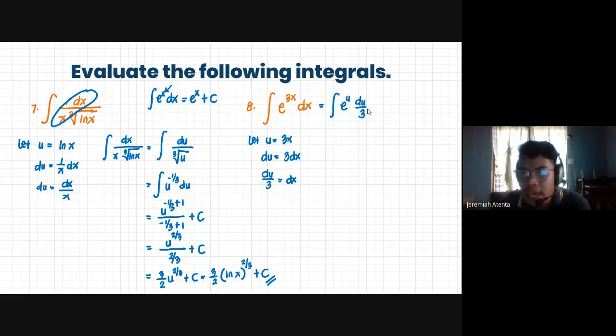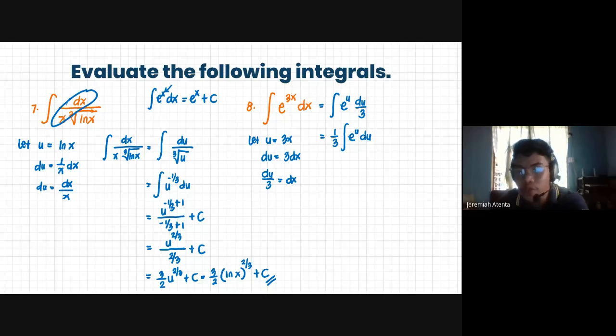Okay? And from that, we will now have 1/3 can be put outside. So we have 1/3 integral of e raised to u du. And from that, because we know that the integral of e raised to x dx is e raised to x plus c, therefore the integral of e raised to u du will be e raised to u plus c, right?